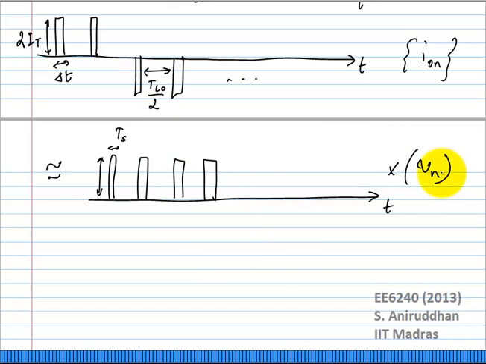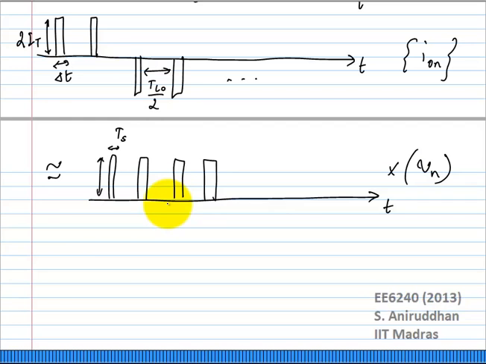What is the height of these pulses? That will depend on Vn, right? Or rather, it will be a function of Vn, but the minute you have taken out Vn, this pulse train will have a constant height, which is just a function of what? What is delta t a function of?